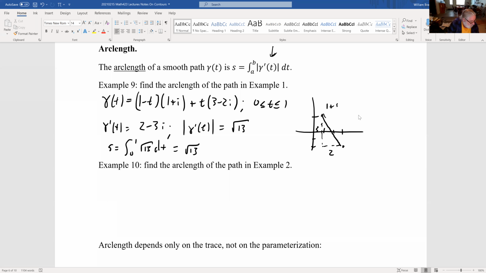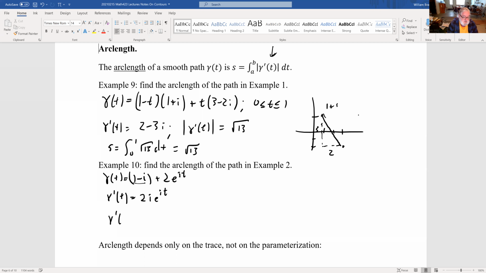The path in example 2 was a circle. Gamma of t equals 1 minus i plus 2 e to the it; the center was at 1 minus i, and it had a radius of 2. So what's gamma prime of t? If you differentiate this, this is a constant, so you can ignore it. Then you get 2i e to the it, because when you differentiate an exponential, you have to do the chain rule on the thing in the exponent.